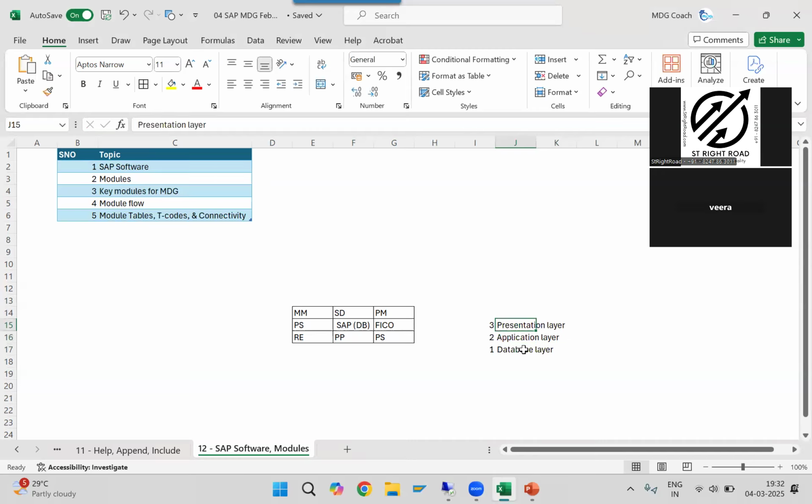Let's say if you go to any shopping mall. So there they have different types of stock available. If you go inside, if it is 3 floors, the ground floor is for ladies, the first floor is for kids, the second floor for gents.